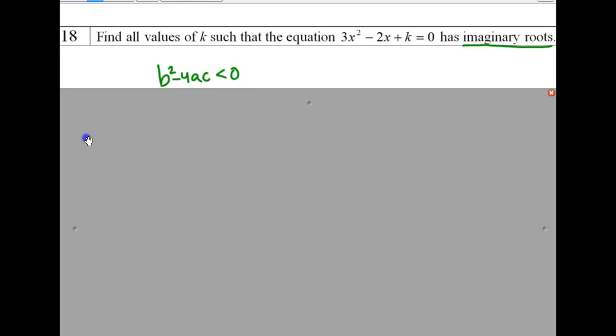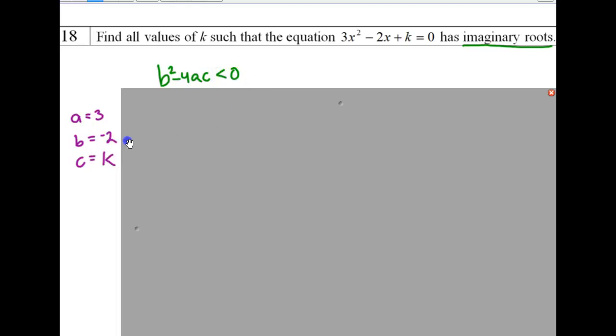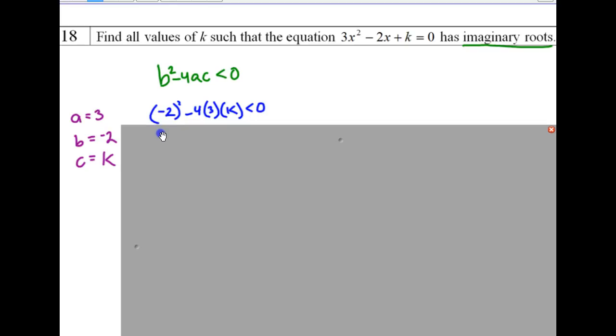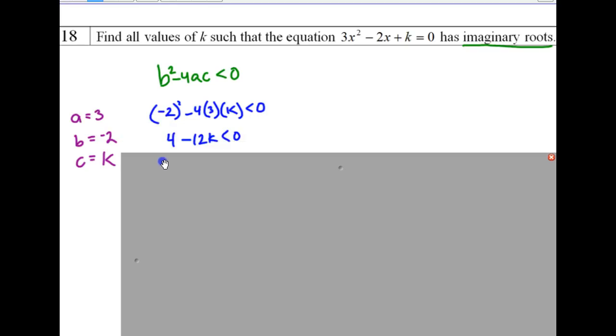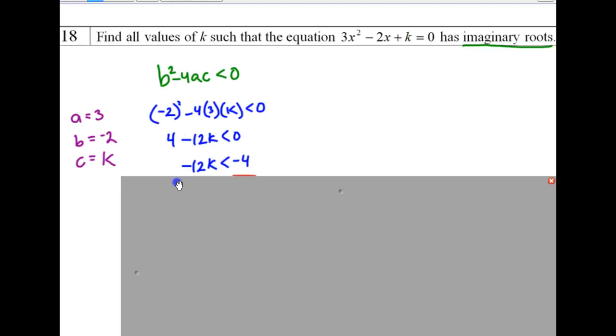So now sub in all the stuff you know. A is 3, b is -2, c is k. So we got to sub in a k for c. So now you sub in all the values you know, simplify, and solve for k by subtracting 4 from both sides. Now you have to be careful here.